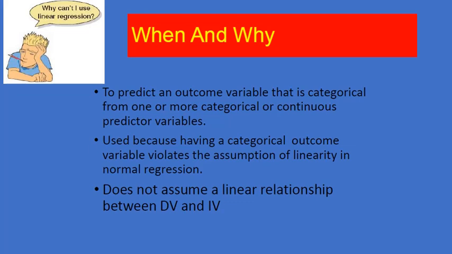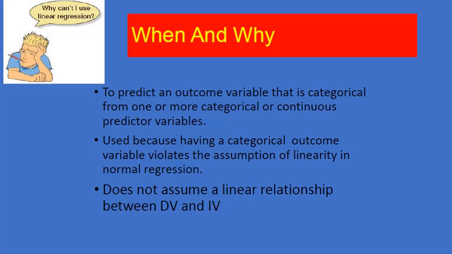The one thing is that we want to predict an outcome variable that is categorical from one or more categorical or continuous predictor variables, right? So the first thing we need to check is whether the outcome variable is categorical or not.